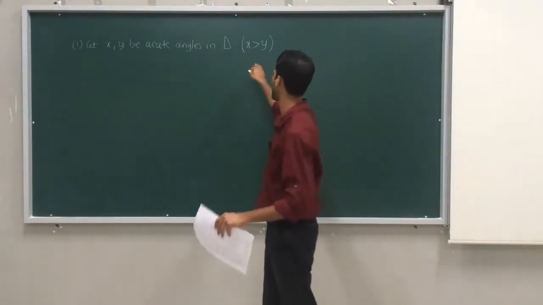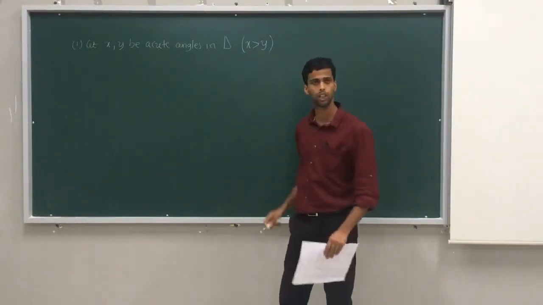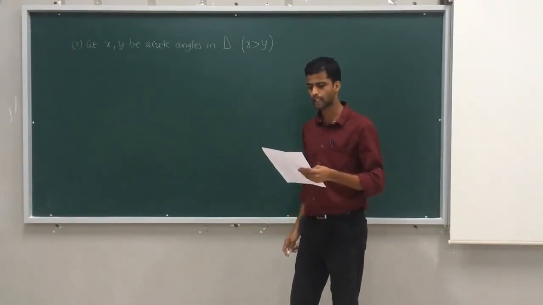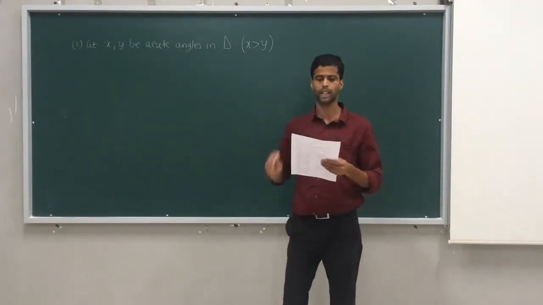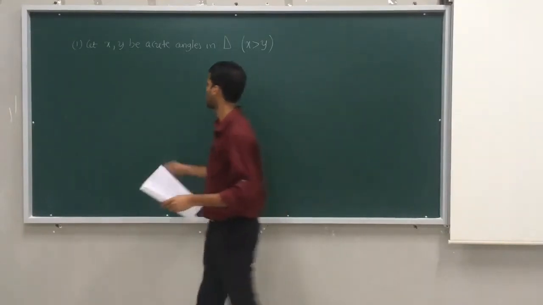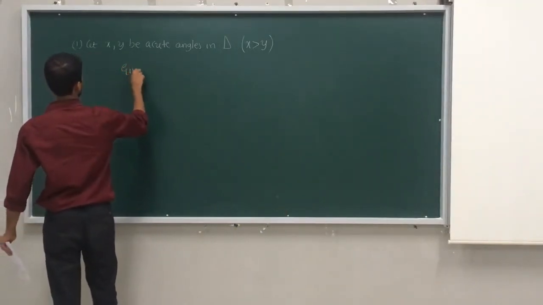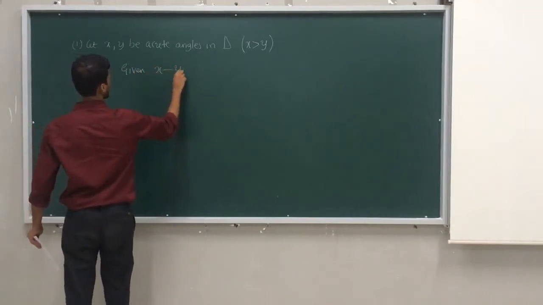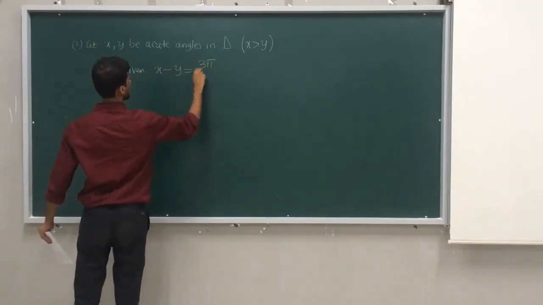So I take this as the bigger number and this as the smaller one. The difference between the two acute angles is 3 pi by 10 radians, so x minus y is 3 pi by 10 radians.